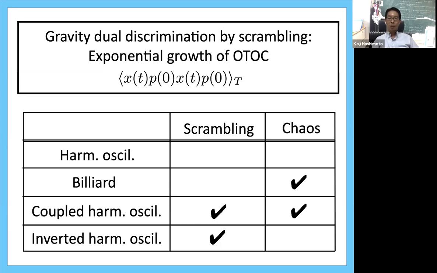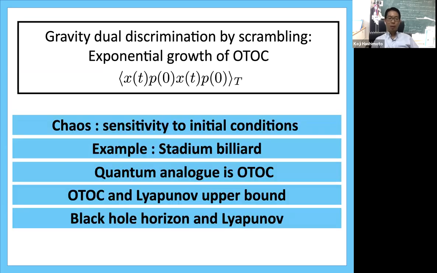Okay, let me go to section 1, in which I'd like to review why this OTOC is important. This section would be almost obvious to many of you. However, to motivate you for this one hour, I'd like to talk about it. First, I introduce a definition of chaos in classical systems.